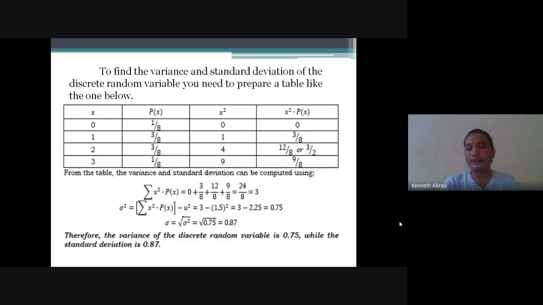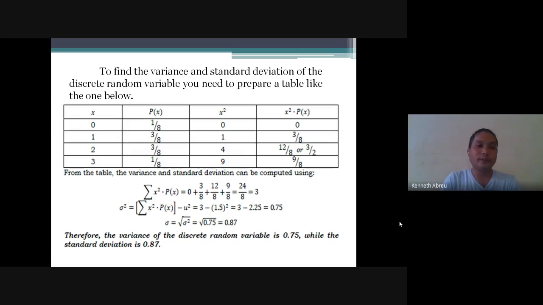And then afterwards, after nating makompute si variance, ay i-compute naman natin si standard deviation. I-square root lang natin yung variance na 0.75. So, makukuha natin dyan would be 0.87. Since square root of 0.75 is 0.87, i-round off natin yung answer natin to two decimal places.